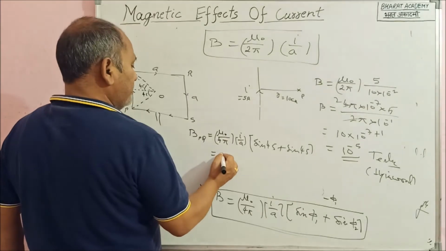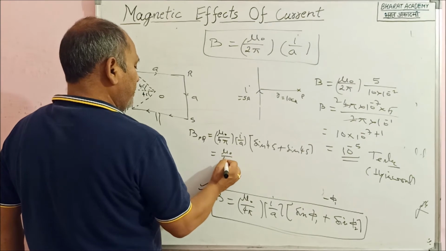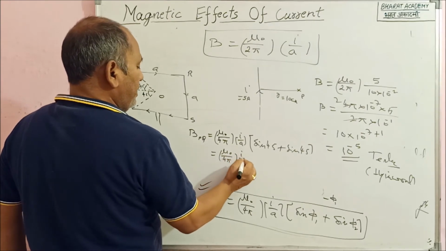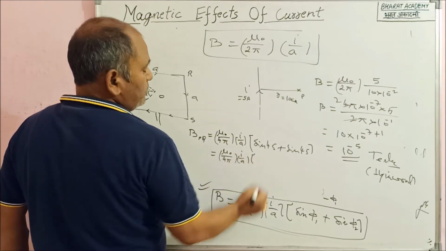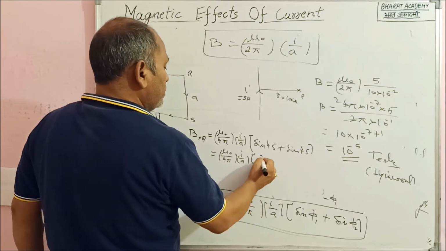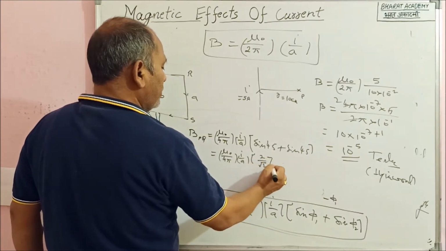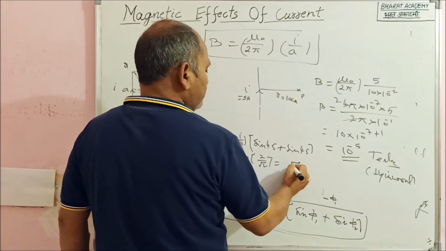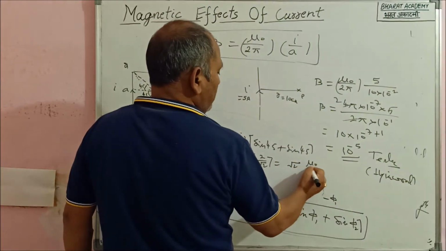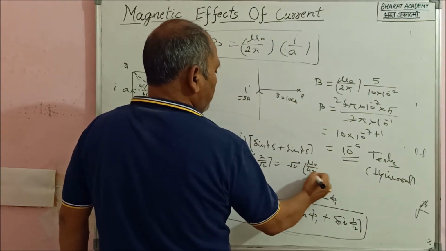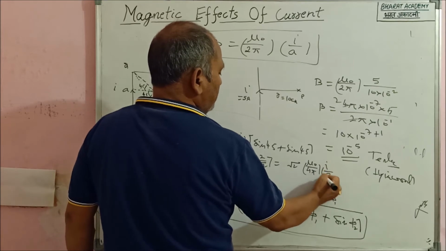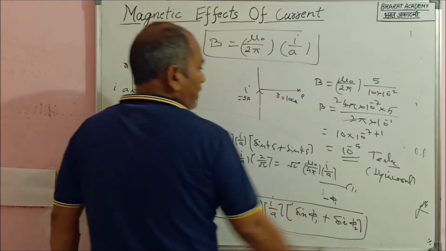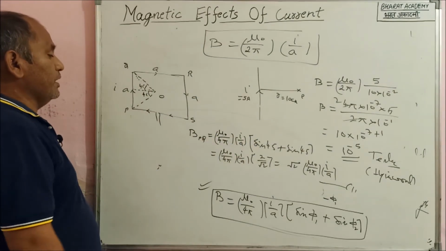And it comes out to be mu 0 by 4 pi I by A, sin 45 is 1 by root 2, so 2 by root 2, or root 2 times mu 0 by 4 pi I by A. This will be the magnetic field at the center due to the PQ segment, right?